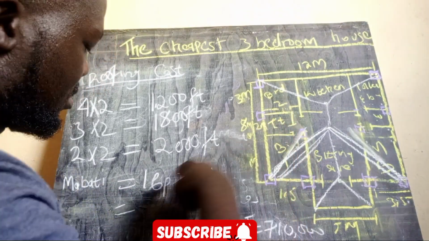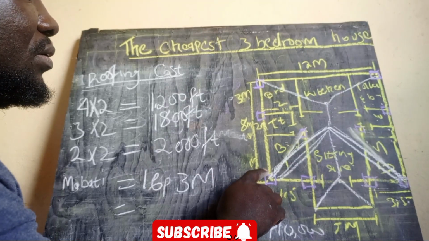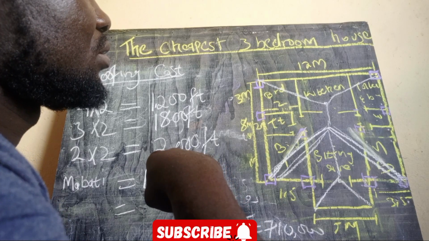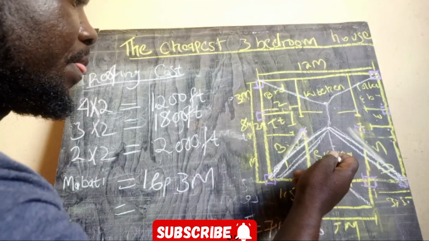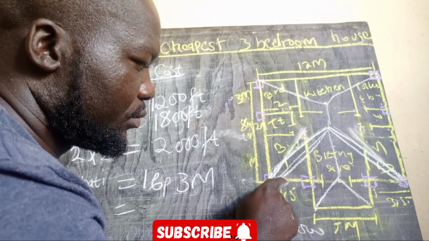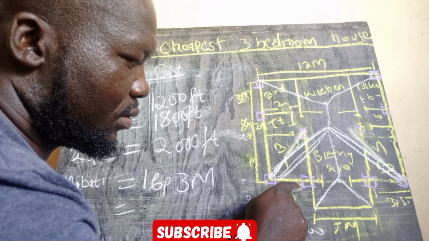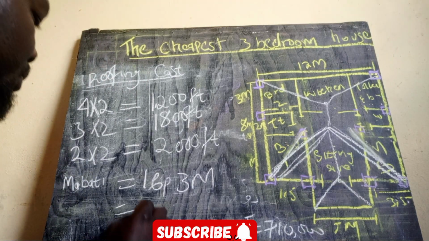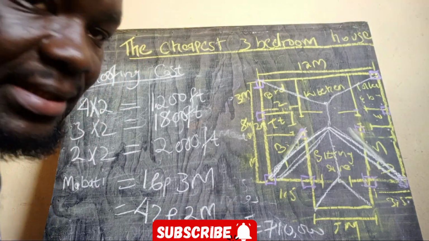Then 8, 16, 20, 28, and 16, 28, 42: 42 pieces of 2 meters mabatis.